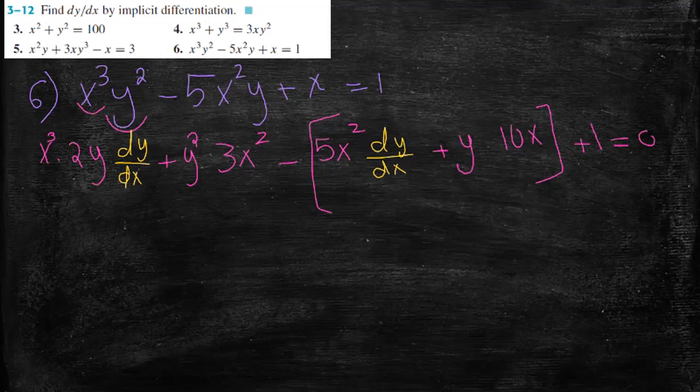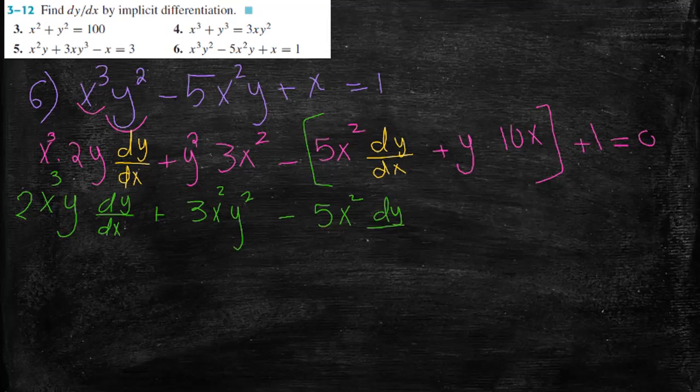Then let's now rewrite it. It's 2x cubed y dy over dx plus 3x squared y squared minus 5x squared dy over dx minus 10xy, here minus because I multiplied minus with a plus, minus 10xy plus 1 equals 0.